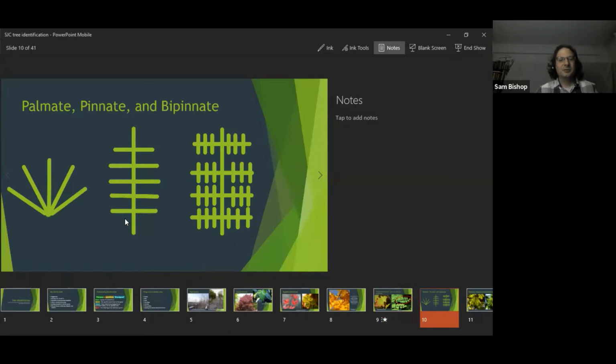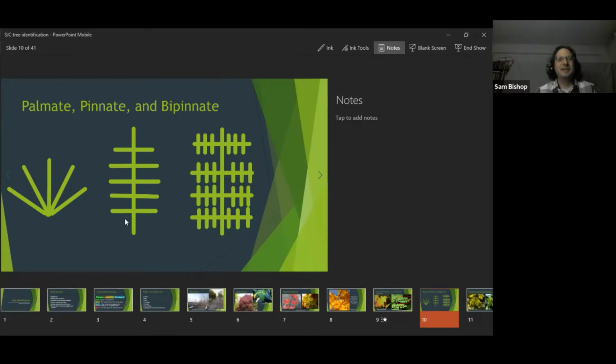So talking about those compound leaves a little more, there's 3 terms for the arrangement of parts. And we talk about it mostly in terms of those compound leaves, but we can use them for other things too. Left to right, the first one is palmate, and that means everything just originates from one central point, just like, of course, all your fingers originate from your palm.